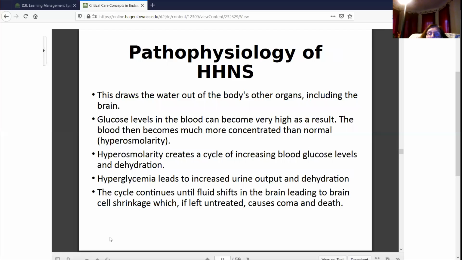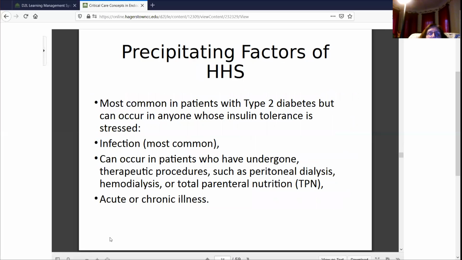Hyperglycemia leads to increased urine output and dehydration. The cycle continues until fluid shifts in the brain, leading to brain cell shrinkage, which, if left untreated, causes coma and death. Okay. This is most common in patients with type 2 diabetes, but can occur in anyone whose insulin tolerance is stressed.